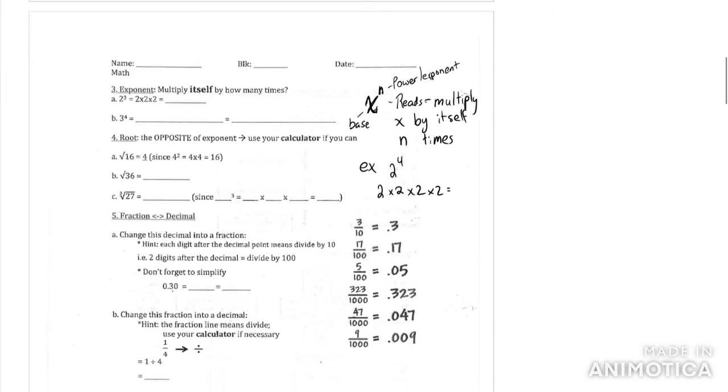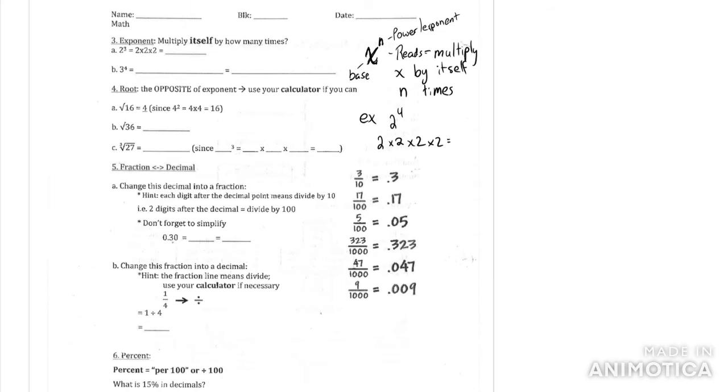Moving on, I want to keep this a nice, short and sweet video for you. Fractions to decimals. So if you want to change a decimal into a fraction, look at how many numbers you have. That is going to be the number of digits in your value.